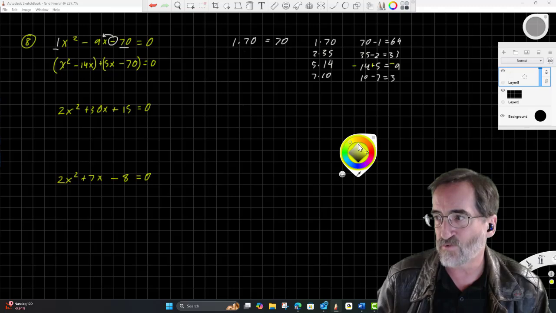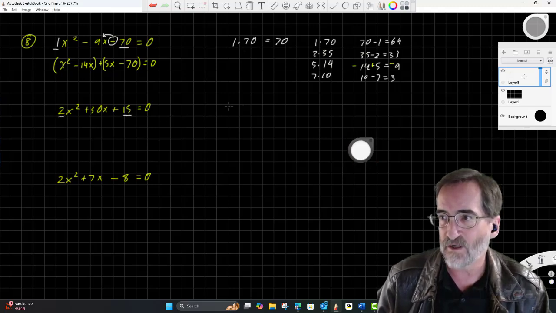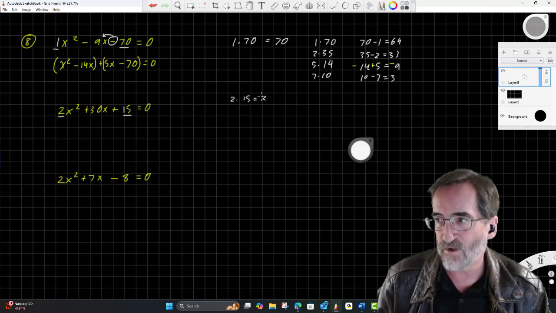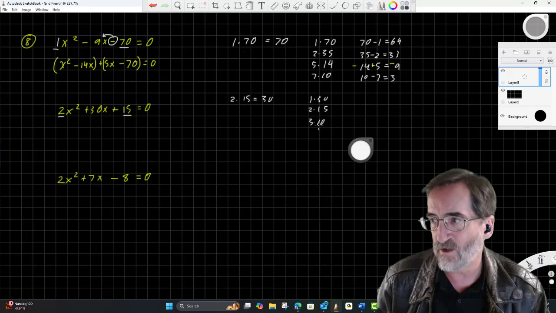Let's check the next one here. Take the first term, 2, and the last term, 15, and multiply them together. 2 times 15 is 30. 30 is 1 times 30, 2 times 15, 3 times 10, 4, no, 5 times 6.